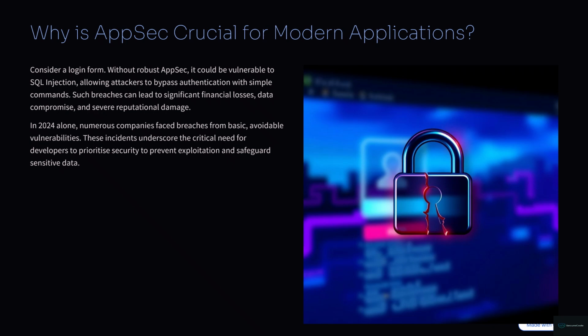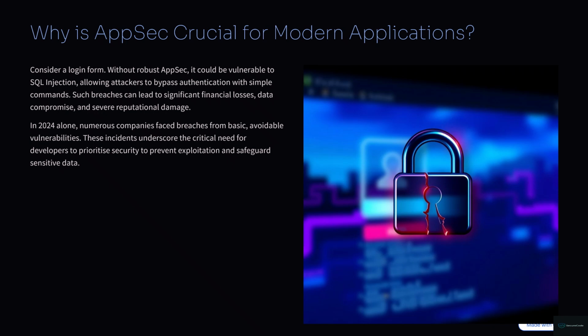Let's take an example. You build a login form without security. An attacker can perform a SQL injection and log in without a password. Data breaches can lead to significant financial losses, data compromise, and severe reputational damage. I will give you a real-world example. In 2024, hundreds of companies faced breaches from basic avoidable vulnerabilities.